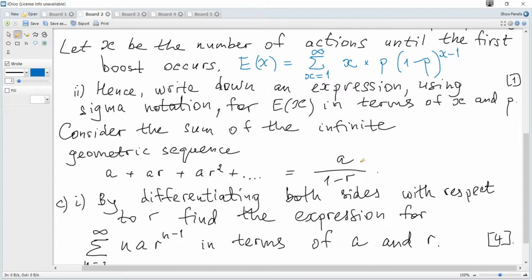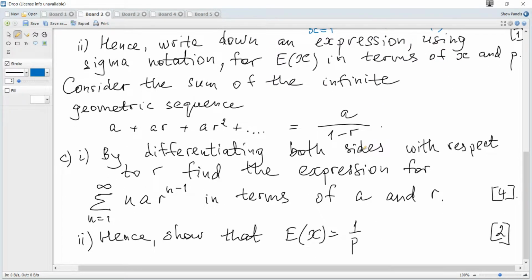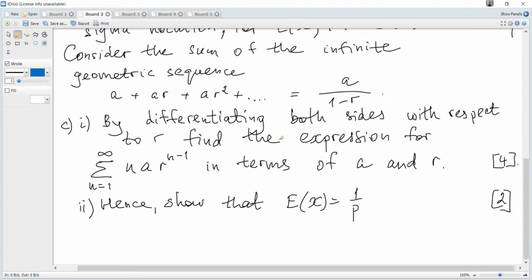The next, consider the sum of the infinite geometric sequence. By differentiating both sides with respect to r, find the expression for the sum for n from 1 to infinity of n multiplied by a multiplied by r to the power of n minus 1, in terms of a and r.